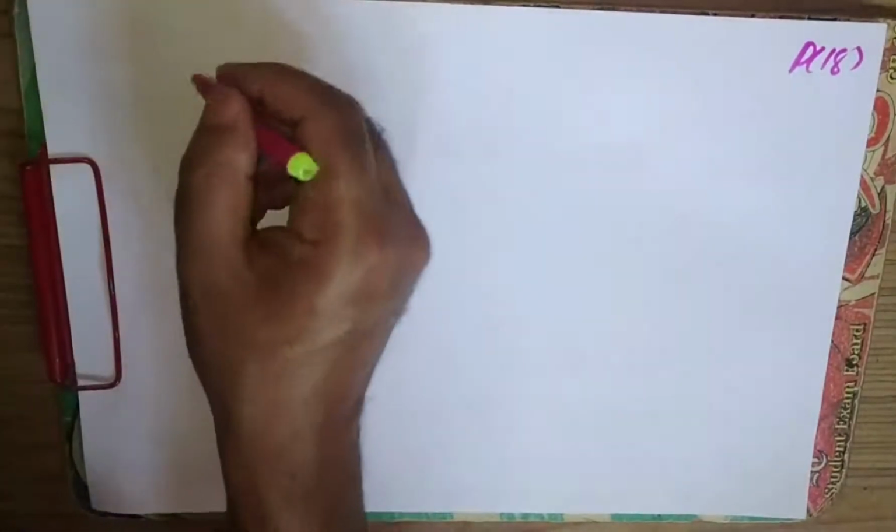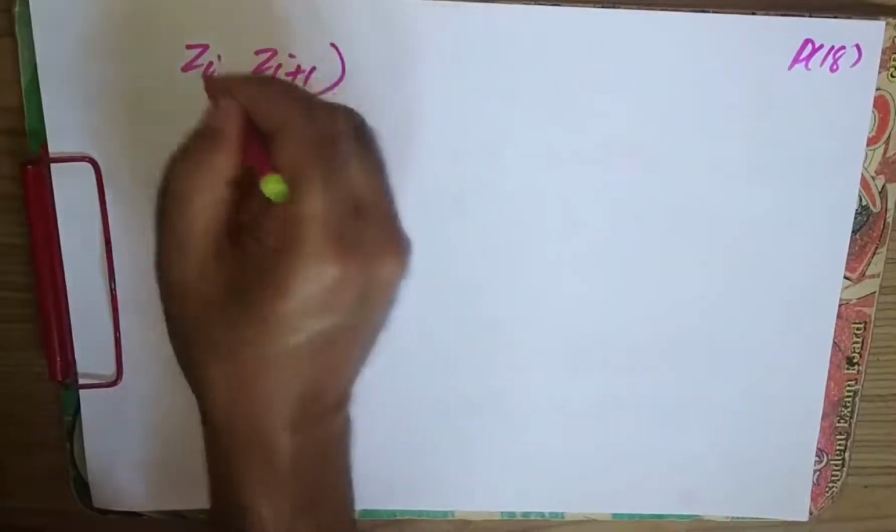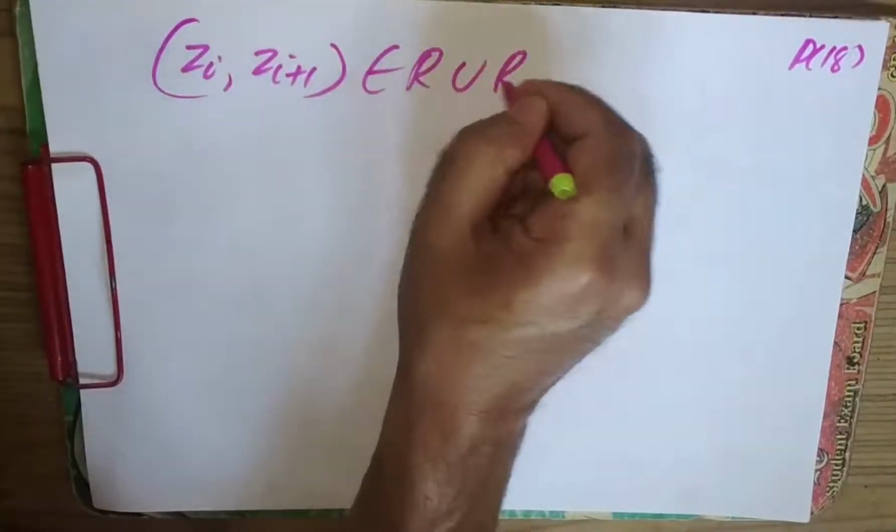So what we have then is Zi comma Zi plus 1 belongs to R union R inverse.